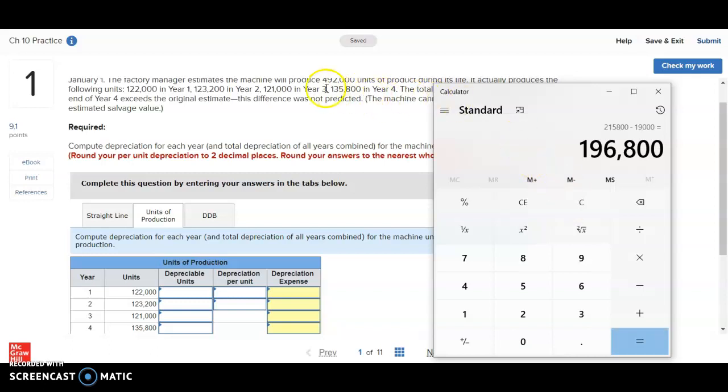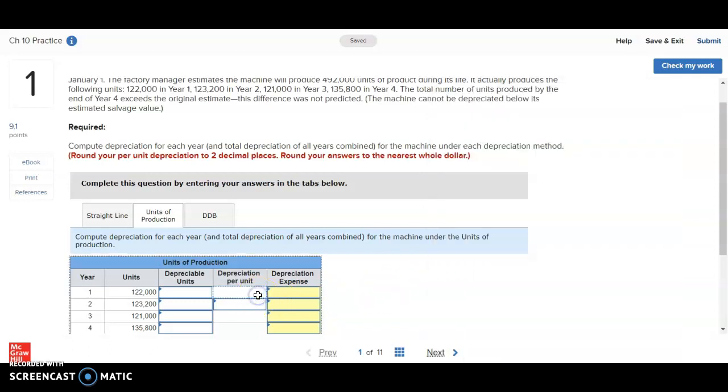Well, they told us that they expect the machine to produce 492,000 units. So we divide that by 492,000, and we get 40 cents per unit. So our depreciation per unit is 40 cents per unit, and that is going to be the same for each year. Then we're going to enter in those depreciable units.